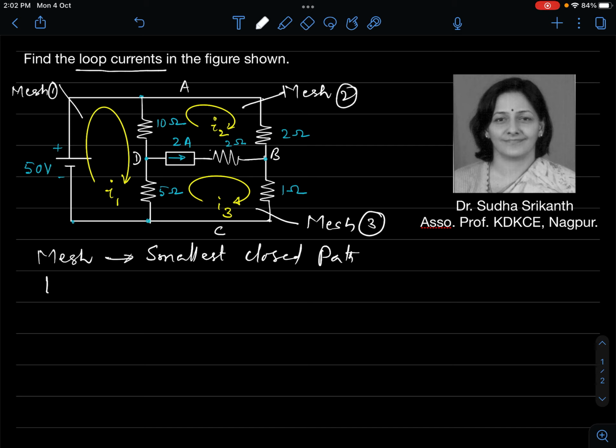Then what is a loop? Interestingly, a loop is also a closed path, but it need not be the smallest closed path.